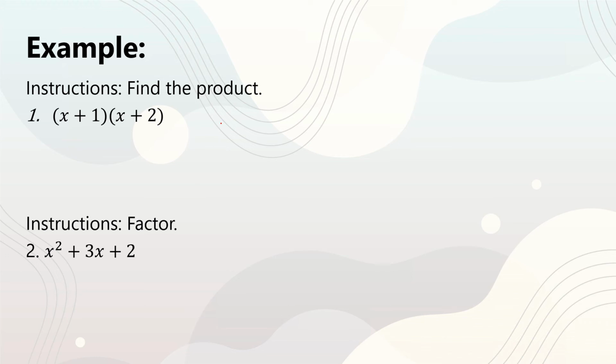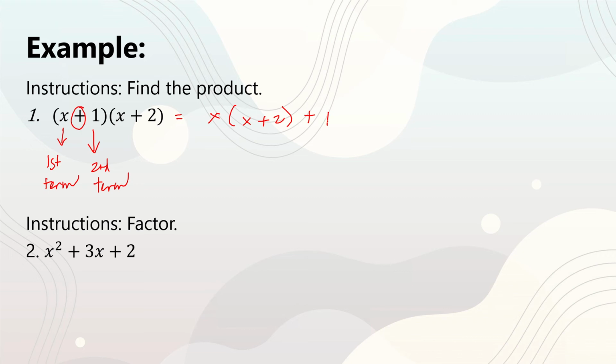So to illustrate, our first term here is x. That means x must be multiplied to our second binomial, which is x plus 2. And take note, the operation between our first term and our second term, which is 1, is a plus. So that's why you need to put a plus here as well.